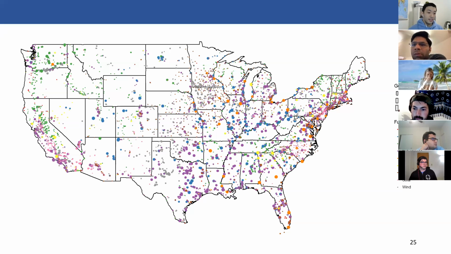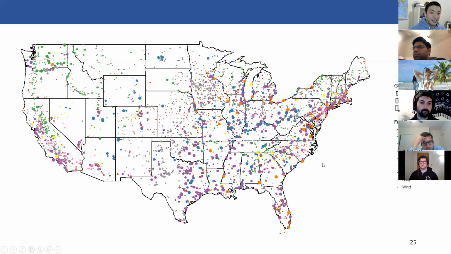Yeah, so I know we're mainly supposed to be focusing on the fossil fuels, but also notice some of the other renewable resources available. So in the Midwest is where you have a lot of wind farms, and so you can see splatters of gray in this area.